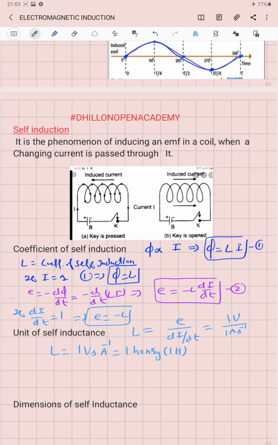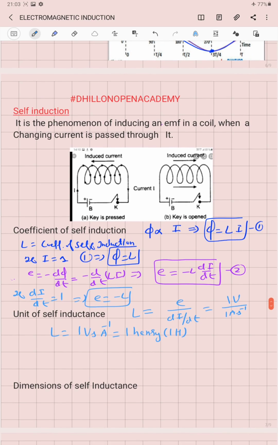So 1 Henry is the unit of self-inductance. We can also express 1 Henry as 1 volt second per ampere, which we can also write as 1 Weber per ampere.